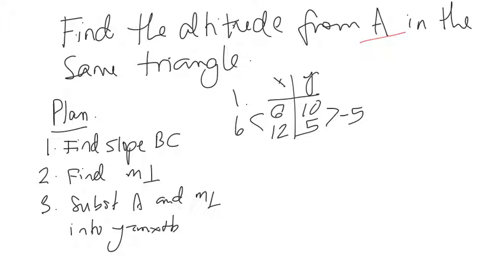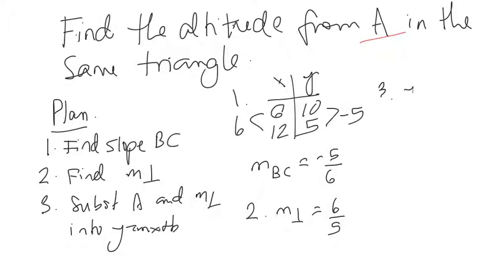So my slope of BC equals negative 5 divided by 6. All right, easy enough. Step 2, I need to find the perpendicular slope. So M perpendicular equals 6 divided by 5, right? The negative reciprocal.